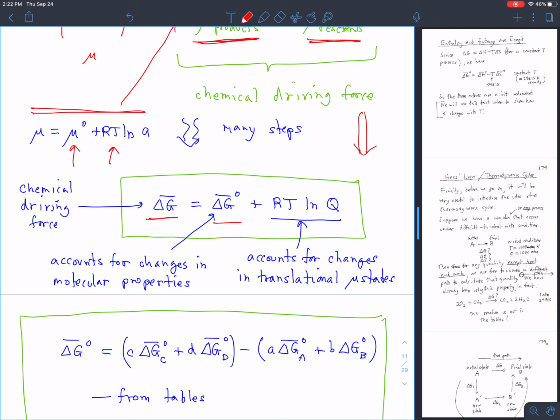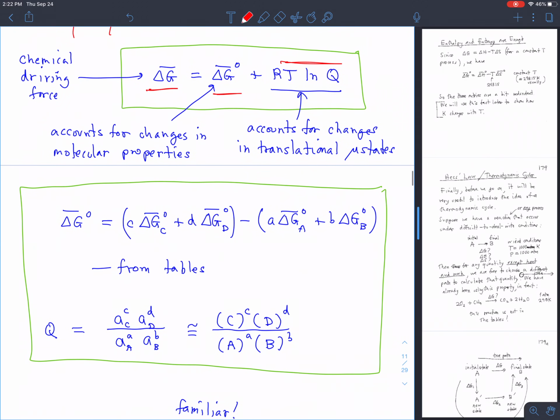Delta G is equal to delta G0 plus RT log Q. The only difference now between the simple case and this case is that now the standard state delta G is a little bit more complicated.